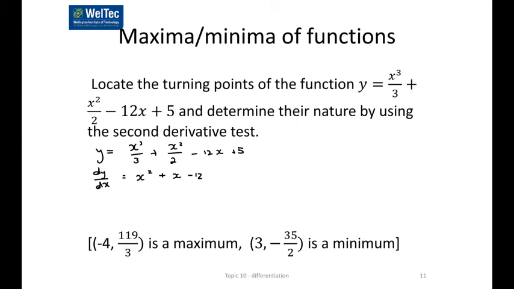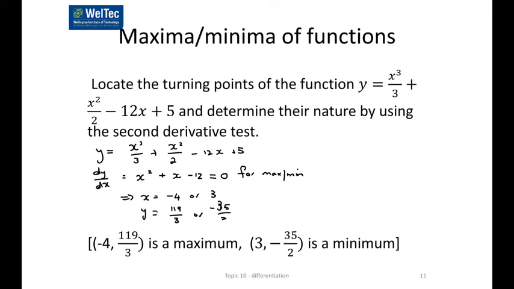And then we would find the x values where that is 0, because it's 0 for the max or min. And that tells us that x is equal to -4 or 3. And we need to find the y values, just using a calculator.